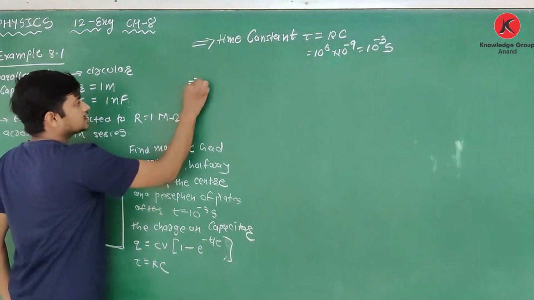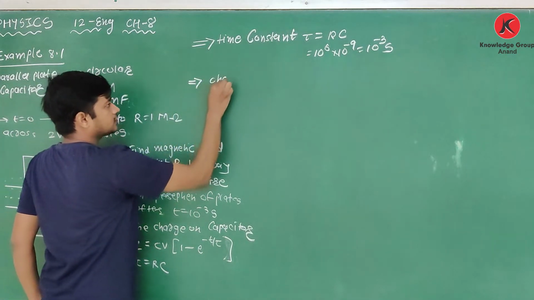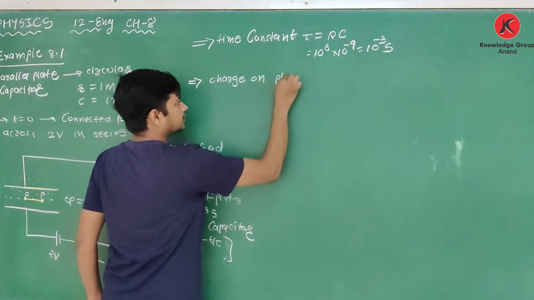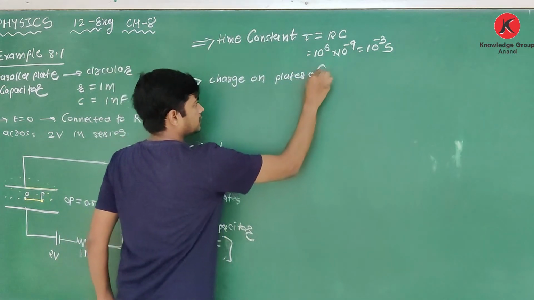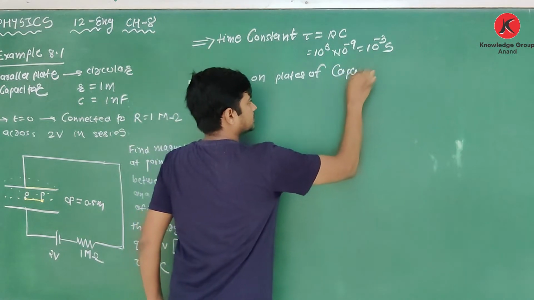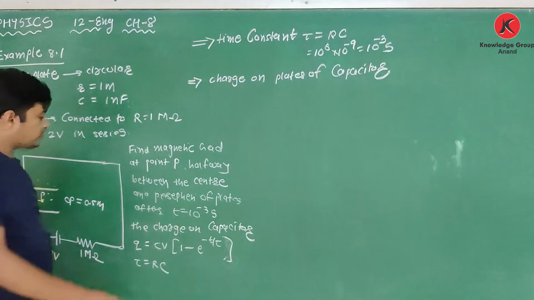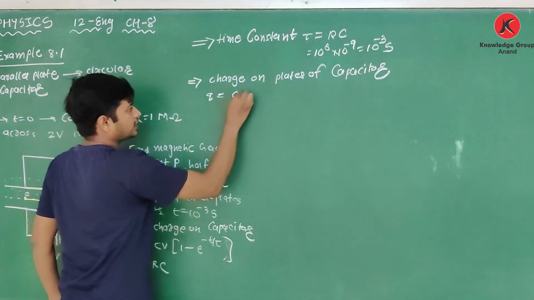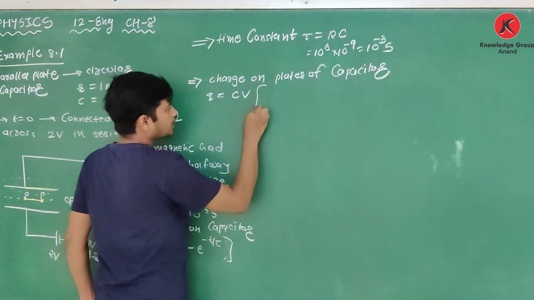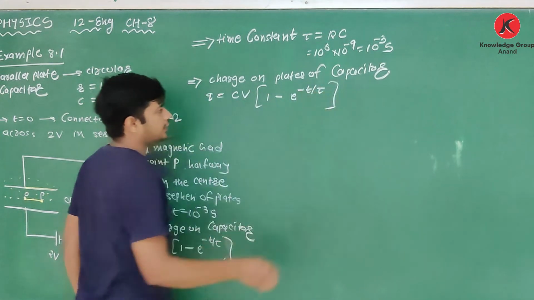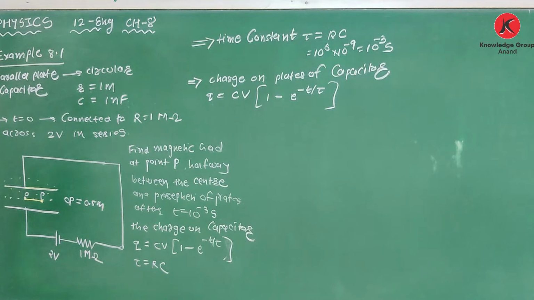Now find the charge on the plates of the capacitor. What is the equation of charge? Q is equal to CV (1 minus e raised to minus t upon tau).